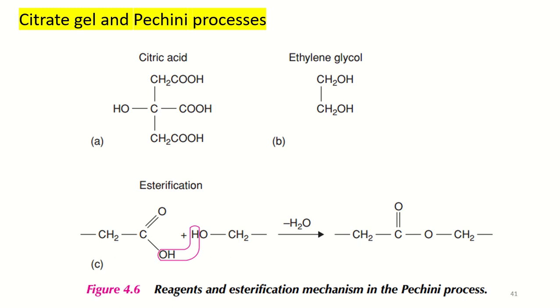In this picture we can see that citric acid is a chelating agent in which the carboxylate groups act as ligands to form complexes with metal cations.